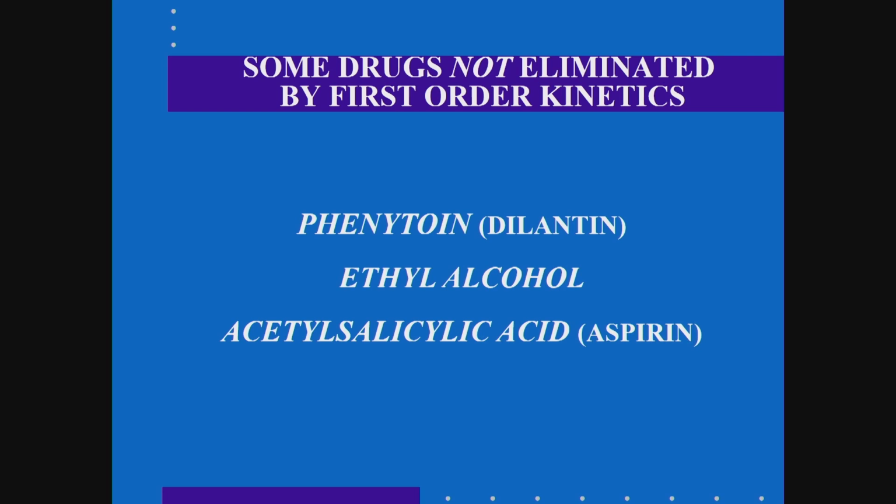But some drugs are not eliminated by first-order kinetics, and I'm giving you 3 examples here: phenytoin, ethyl alcohol, and aspirin, acetylsalicylic acid. These are drugs that deviate from the general pattern of first-order kinetics of elimination.